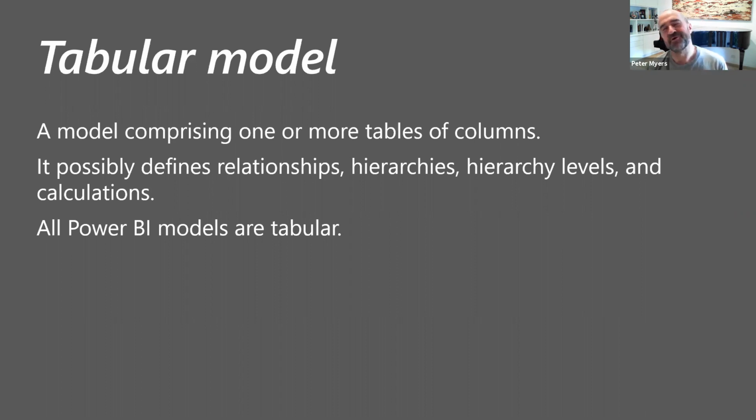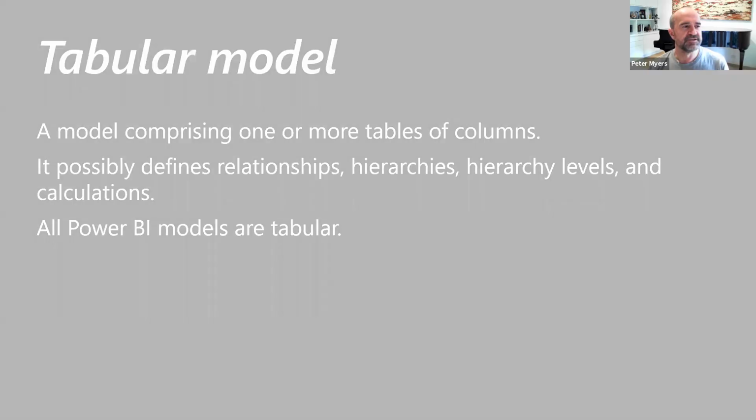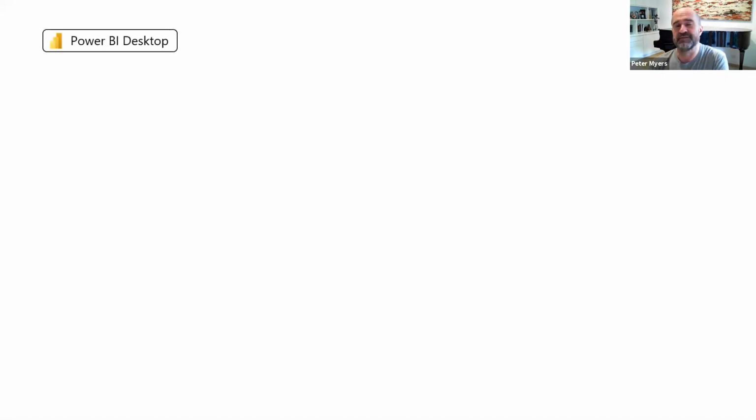So the tabular model is a very specific design approach whereby the fundamental object in the model is a table. And of course, tables comprise columns and represent rows of your data. Now, in addition, the tabular model can be enhanced with relationships and hierarchies and levels and calculations. So do note that all models in Power BI are tabular. When you create them, you're going to use Power BI Desktop.